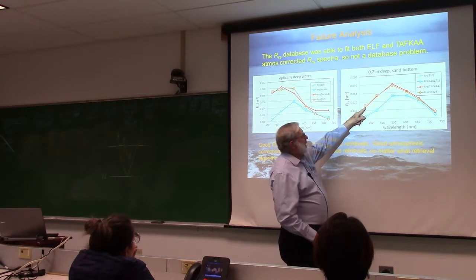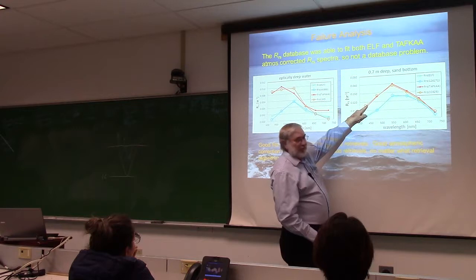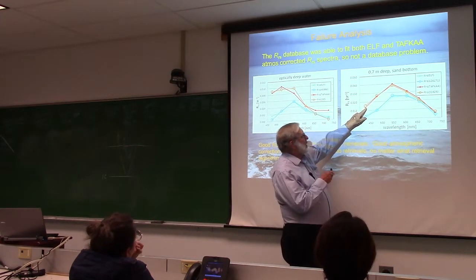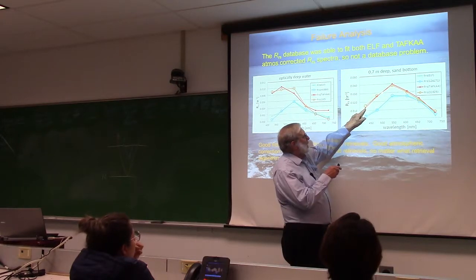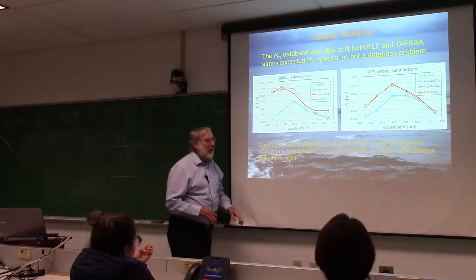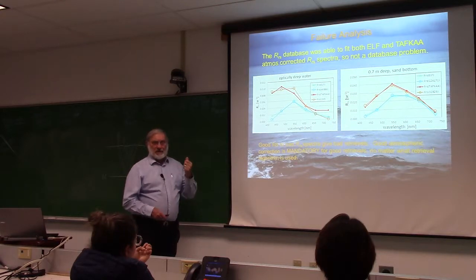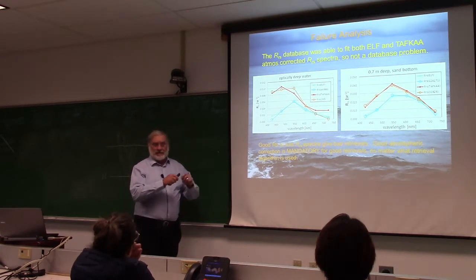Here's another one now, the same pixel. This is the ELF correction, and this is the TOFCA correction. So once again, given that RRS spectrum, the red line done by the atmospheric correction, there's a database spectrum in there that matches it very, very well. So the problem is not that the database can't match the spectrum.